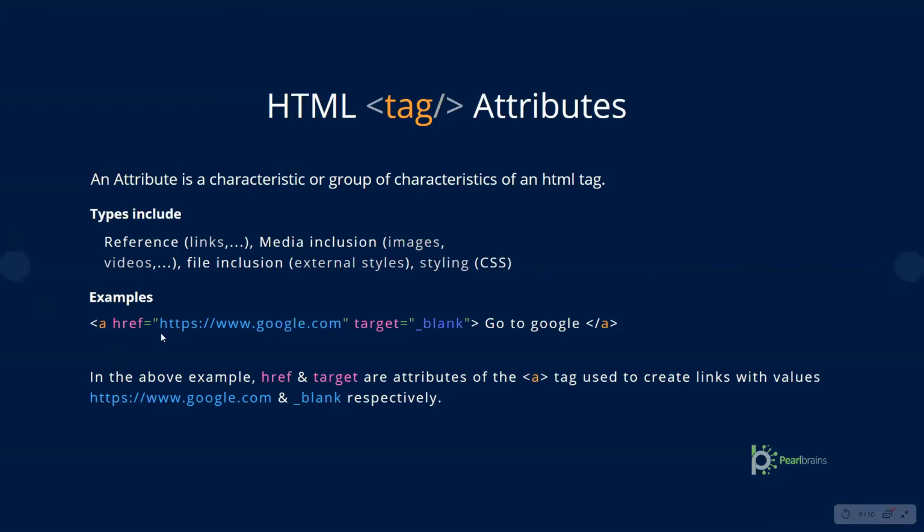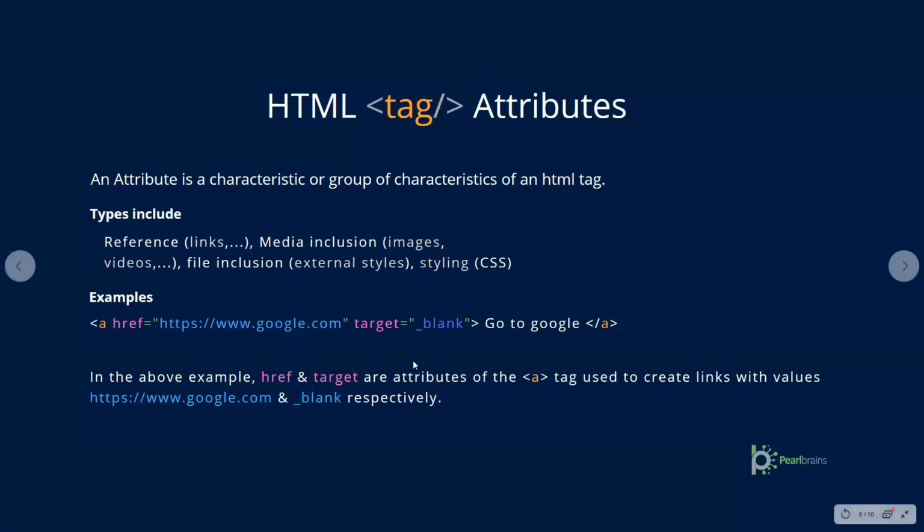So the value here will be https://www.google.com, and then there is another attribute called target. Target is an attribute that tells you whether to open it in the current tab that you're at or open it in a new tab.